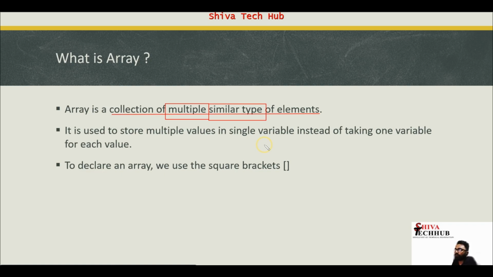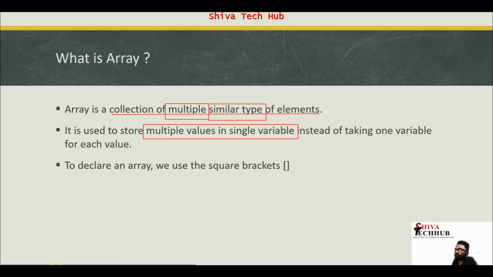But whenever you initialize multiple values to an array, it holds those multiple values of similar type. Okay, so that is what is being said in the second point, like it is used to hold the multiple values in a single variable instead of taking one variable for each value.